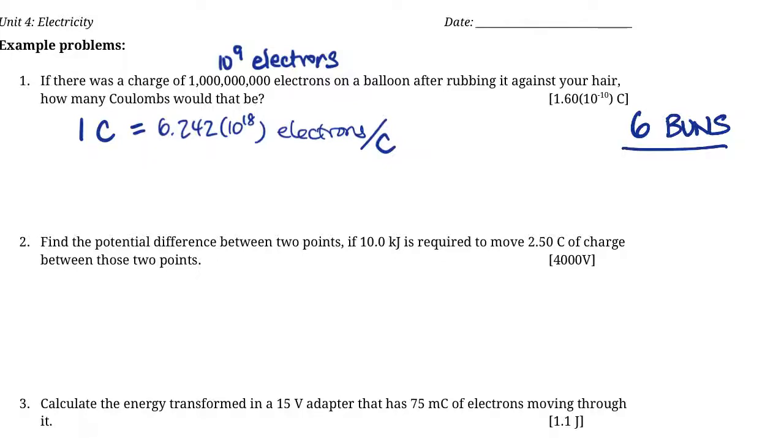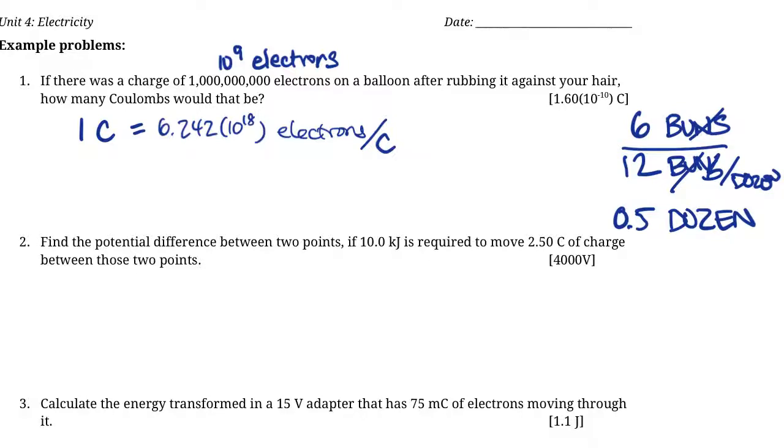So we can say like this, 6 over 12 buns, because there's 12 buns per dozen. What's going to happen here is the buns are going to cancel out. That dozen, since it's down here in the denominator, it's going to go up to the top. So we end up getting 0.5 dozen. That's how we would find 6 buns out of a dozen.